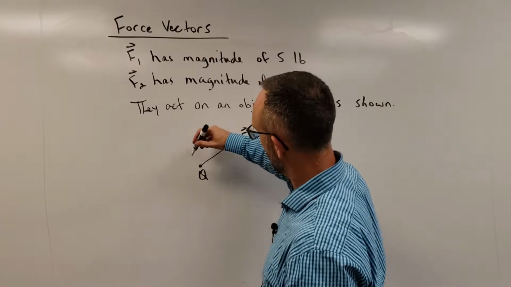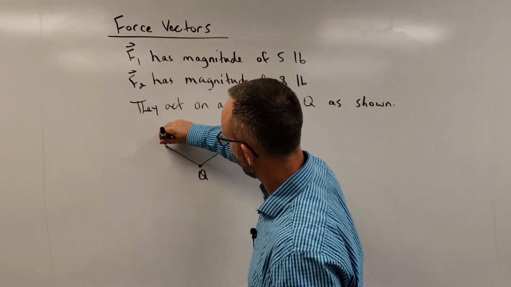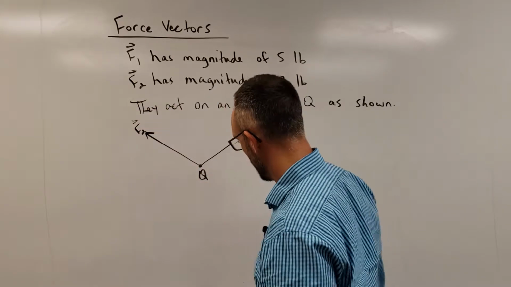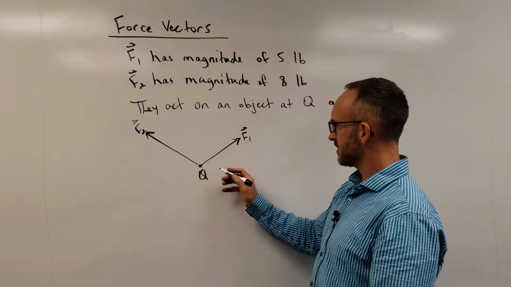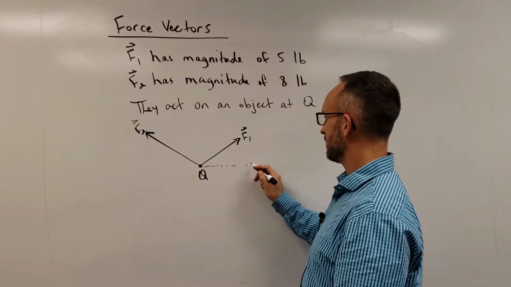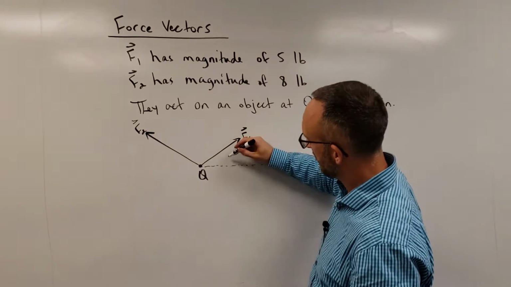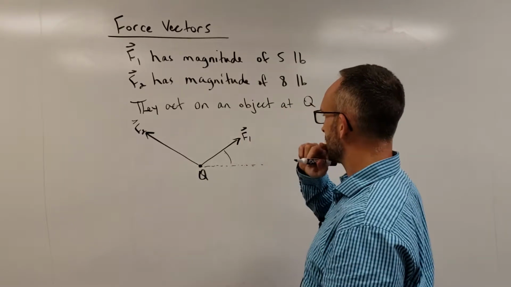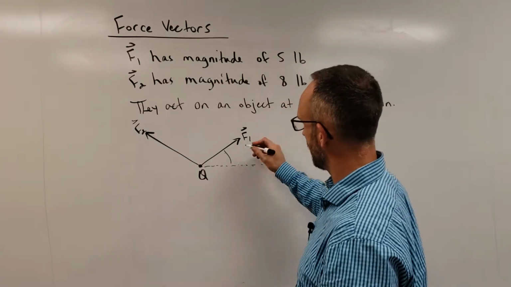And it looks something like that. And then I will tell you that F sub 1, if you were to look at basically a positive x-axis, the angle to F sub 1 is, let's keep it simple, let's say that is 30 degrees.